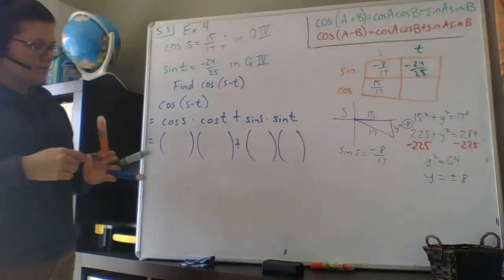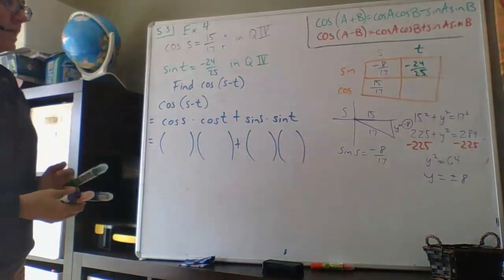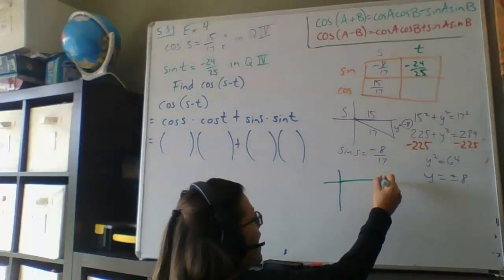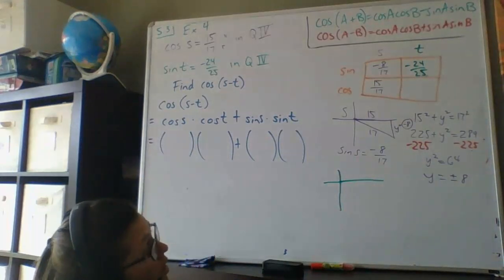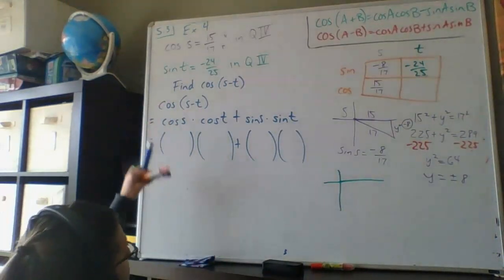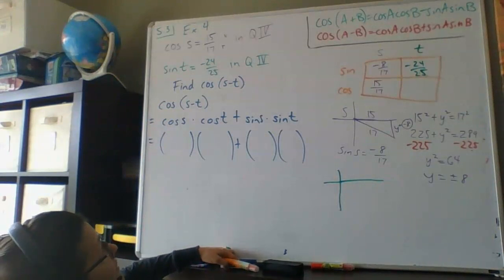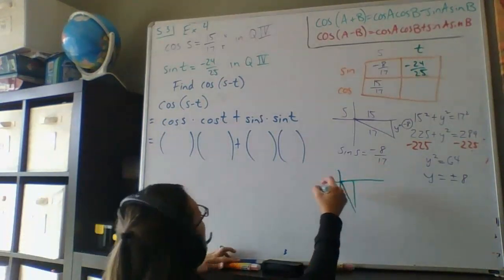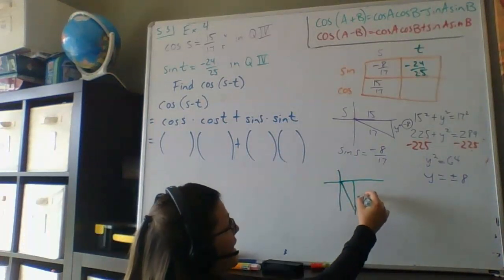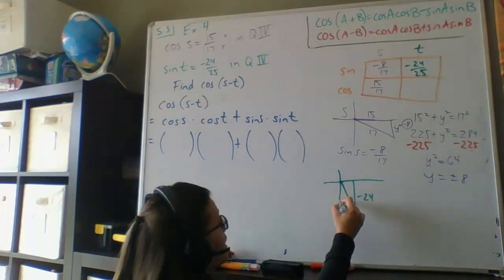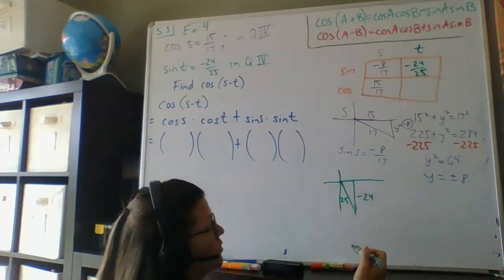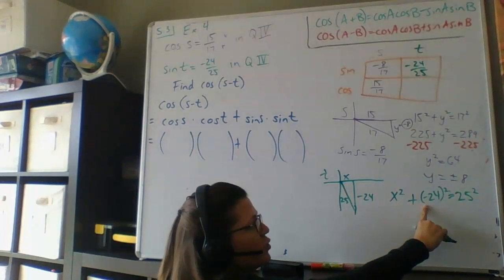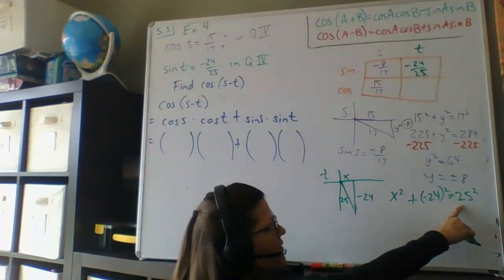Now we need to do the same thing for T, but we need a totally separate picture because it's a different angle. Angle T is in quadrant 4, but we have that the sine of T is -24/25. So now my y value is -24 and my r is 25. So now we need to find my x value here. So x squared plus -24 squared equals 25 squared.